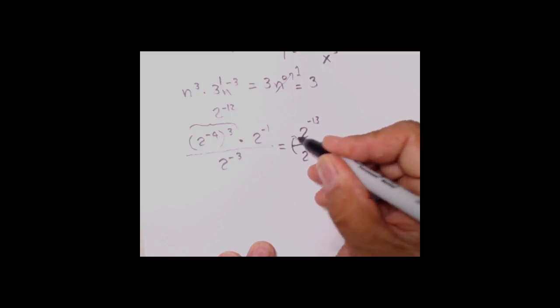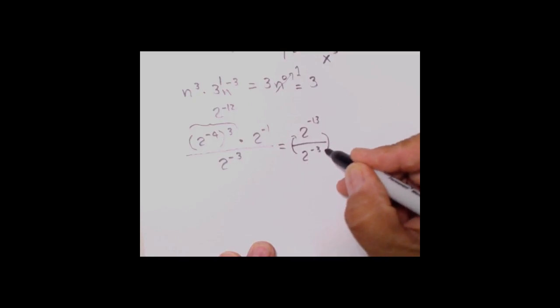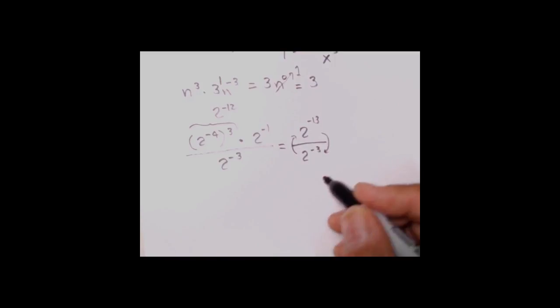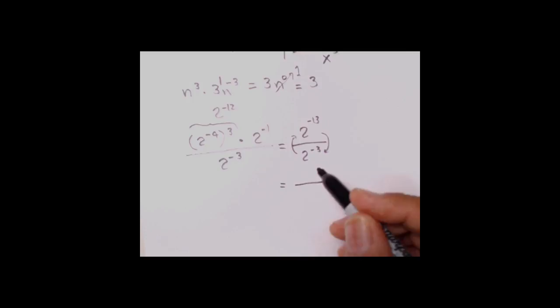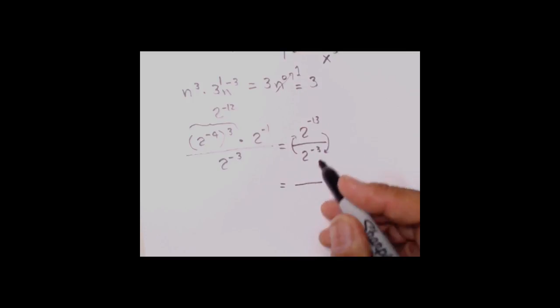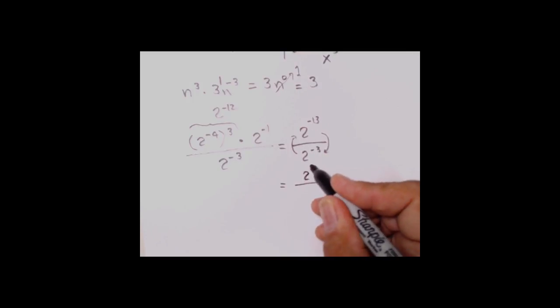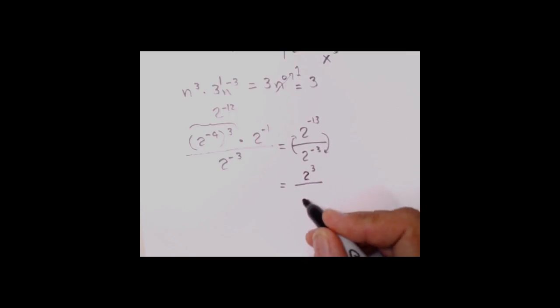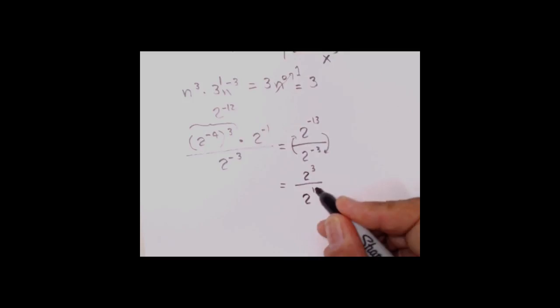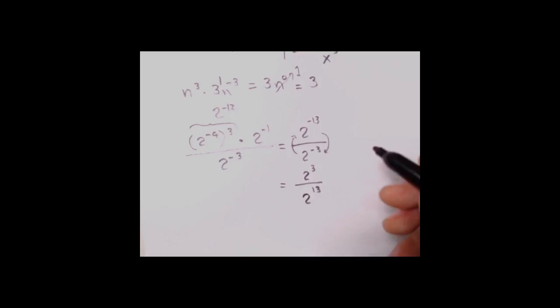So the guy downstairs has to come upstairs. The guy upstairs has to come downstairs. So if we do that, then the 2 to the negative 3 goes upstairs as 2 to the positive 3. The 2 to the negative 13 comes downstairs as 2 to the positive 13. Now you can reduce and do it safely by the normal method.